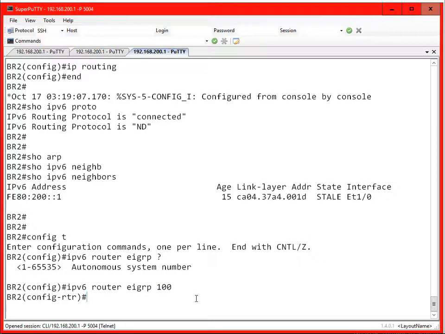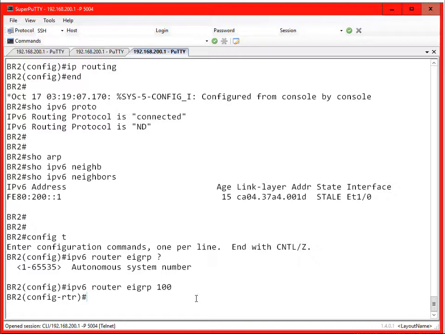You will notice that automatically we do not form an adjacency. And I mention that only because of how EIGRP is configured for IPv6 versus IPv4. We saw this in the RIP next generation configuration that we did previously, actually on the first day, right? Which was enabling the global routing process, but then going into each interface and applying that routing process to an interface.